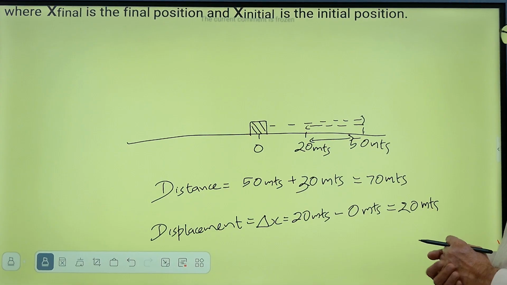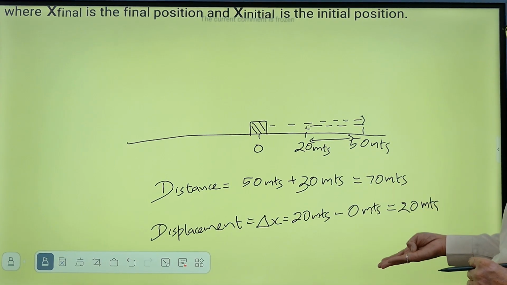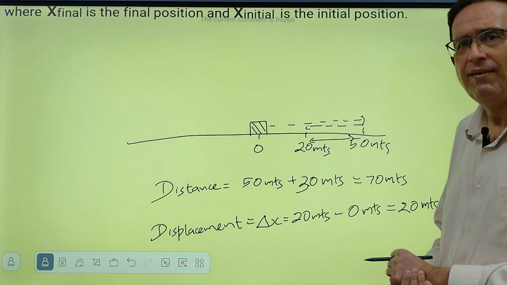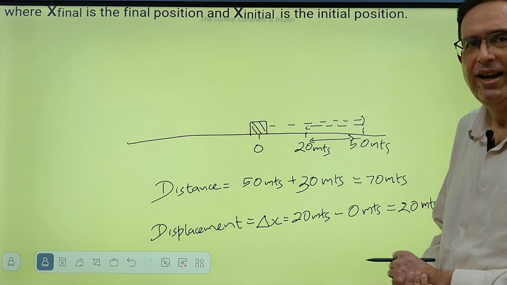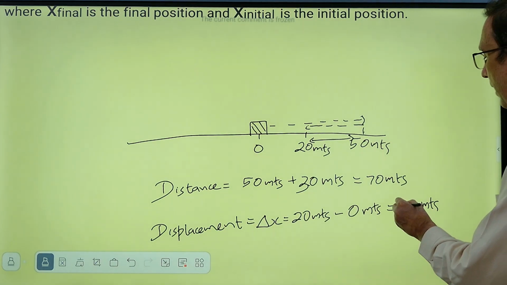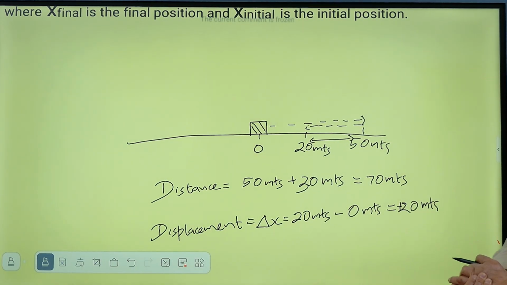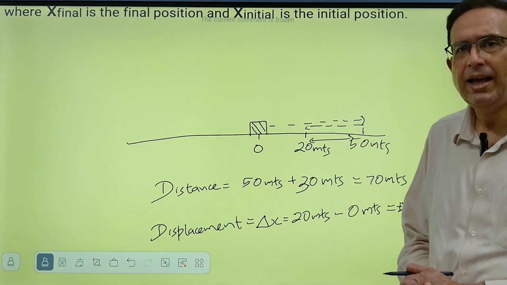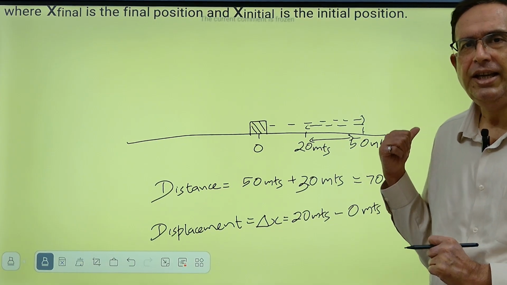So simply stated, there is a huge difference between the distance and the displacement. The distance he has covered is 80 meters, whereas the displacement, which is a vector quantity, is plus 20 meters, and that is actually in the east direction.